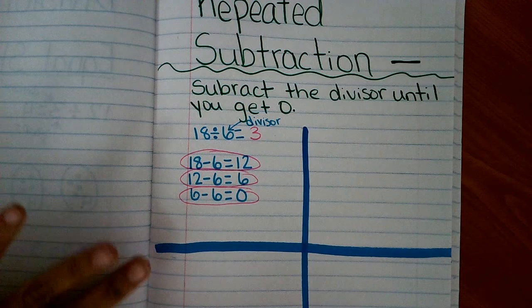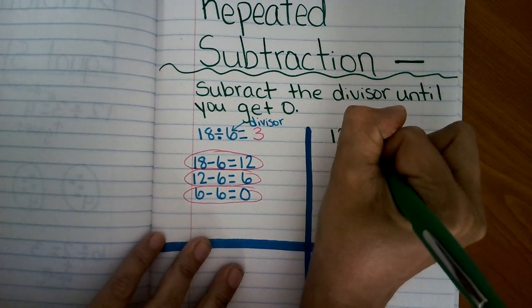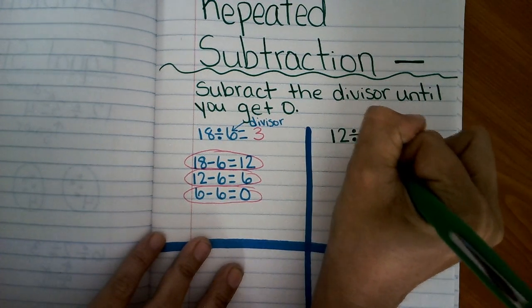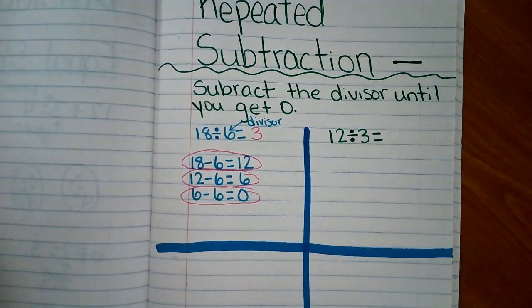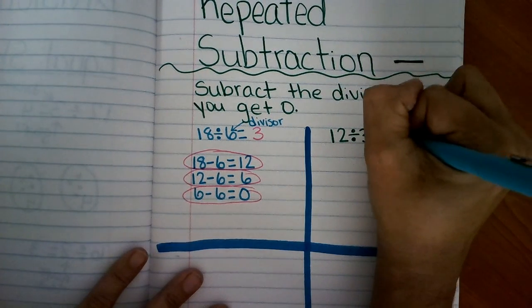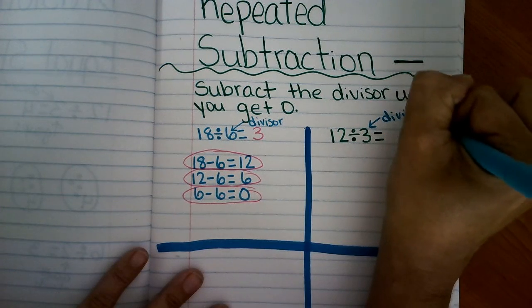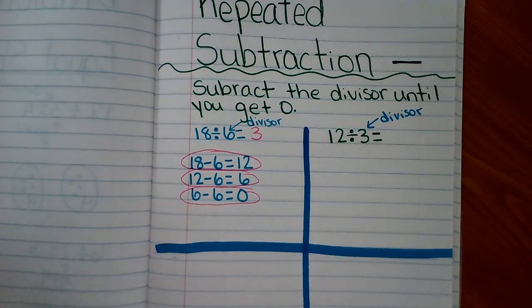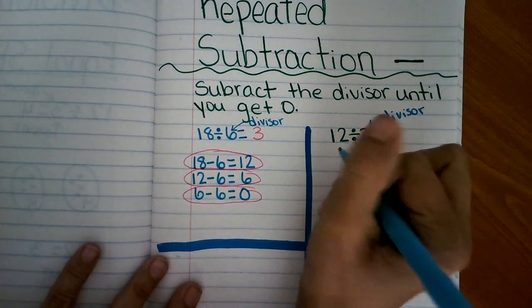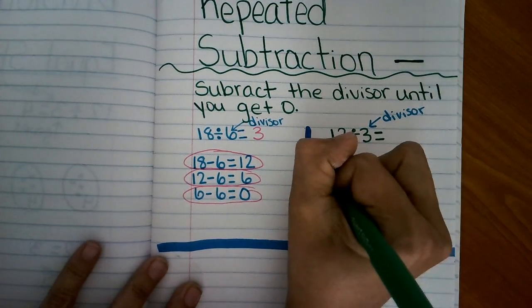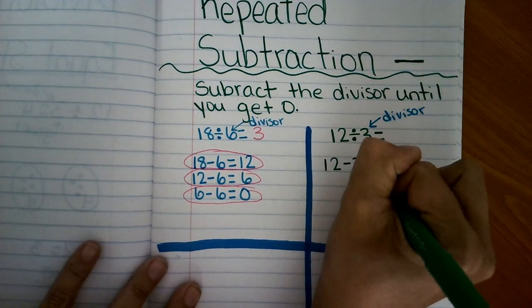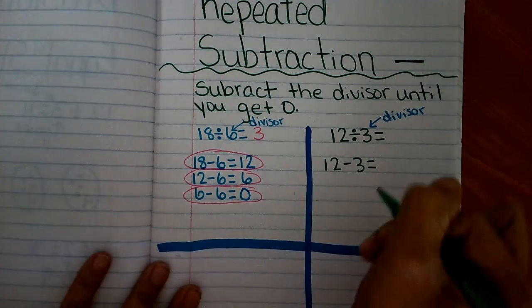Let's say I have 12 divided by 3 equals something. Remember, this number right here is your divisor. That's what you're subtracting. Okay, and I start subtracting. Okay. 12 minus 3 equals 9.